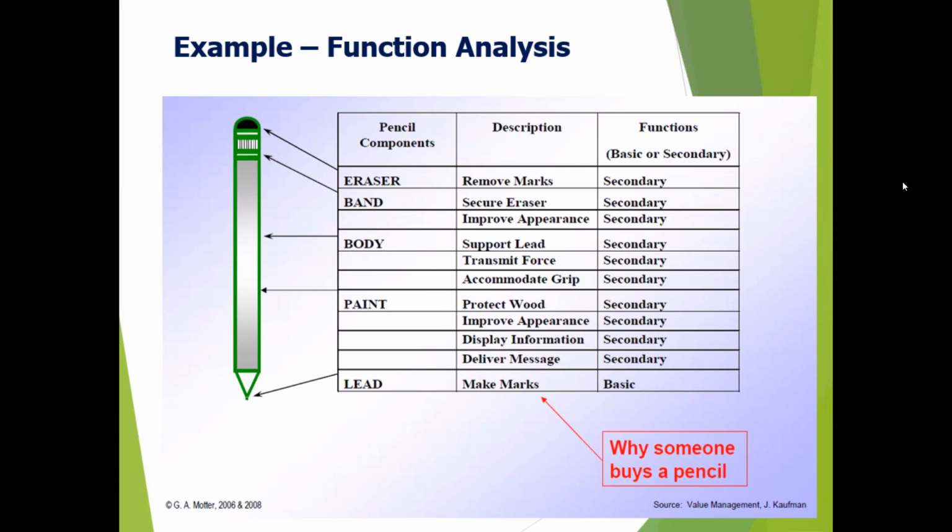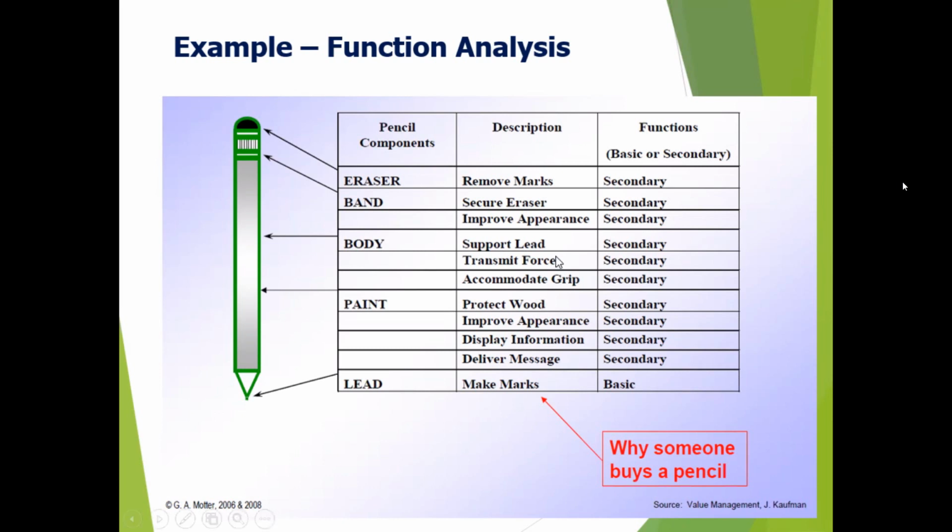A pencil, if we keep it as it is, is just one function, you will say it's for the writing purpose. But when you break into elements like this, you can very easily see the functions of each and every small element of that entire product. So we have to do it that way.